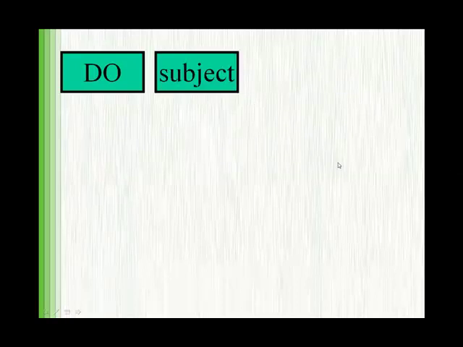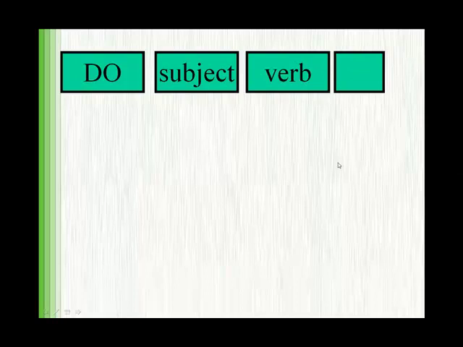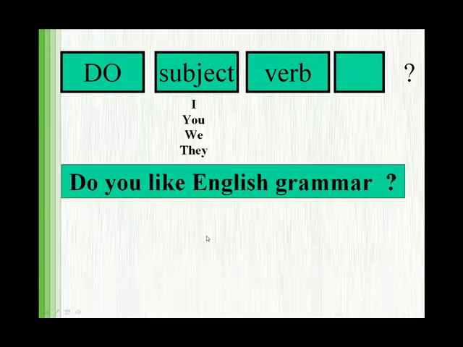So summing up, to make questions in the simple present, first you use do, then the subject, then you write the verb, then any other words that you need for the sentence, and then a question mark because it's a question, right? And we use do when the subject is either of these, okay? For example, do you like English grammar?